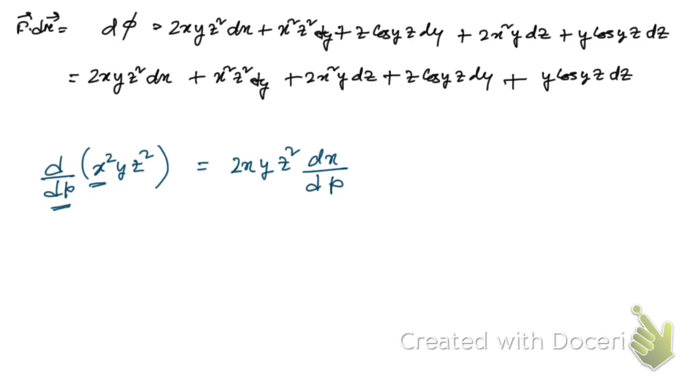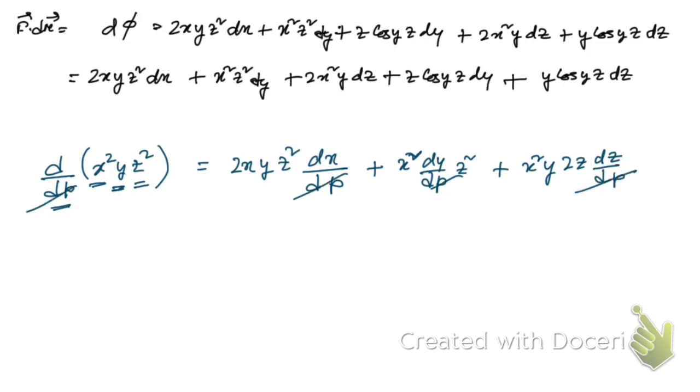Then the derivative of the second function, x square, then dy by dp, then z square, then plus the derivative of the third function, first function into derivative of the second function. If you differentiate this, it should give 2 into z, and as we are differentiating with respect to p, dz by dp should be written. So you can cancel dp, then you are going to have these things, right?